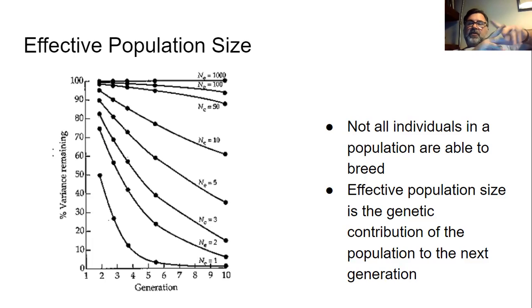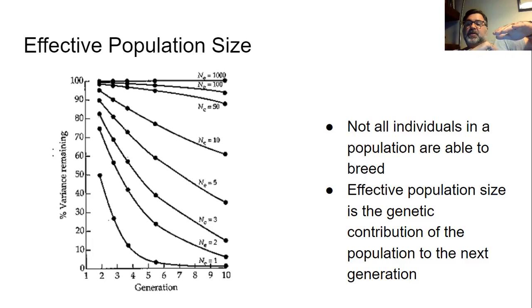What this graph on the right shows is how much variation is left behind after 10 generations. So if you have an effective population size of 1,000, basically you are able to maintain all of your genetic variation. Below that, you start to decline.